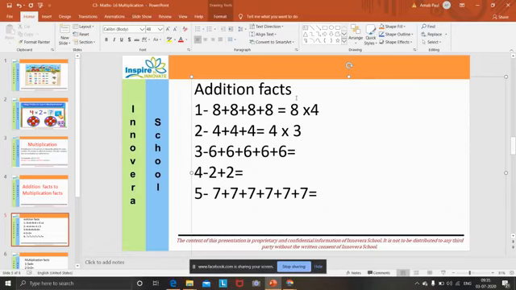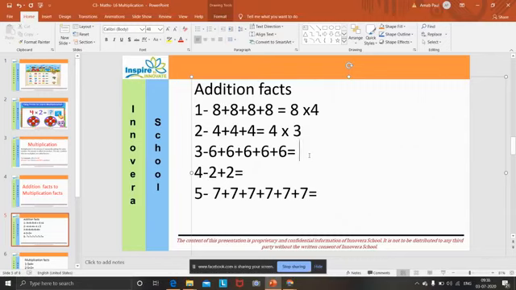Next is 6 plus 6 plus 6 plus 6 plus 6. How many times is 6 repeating? 1, 2, 3, 4, 5.